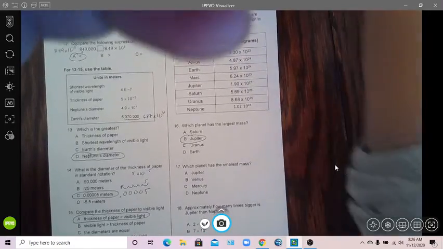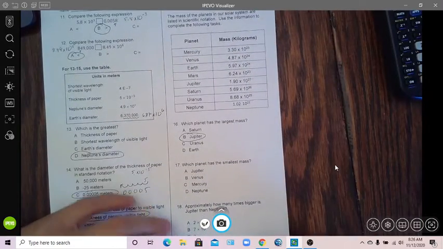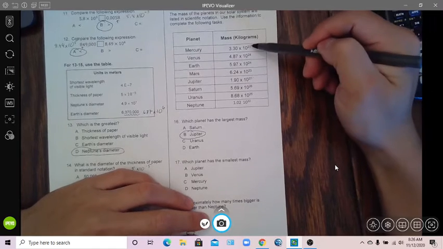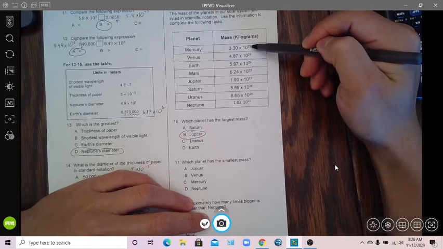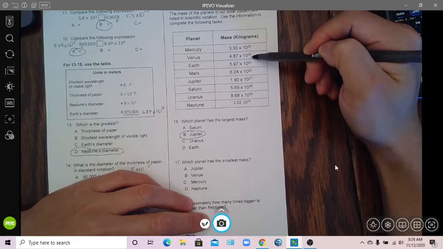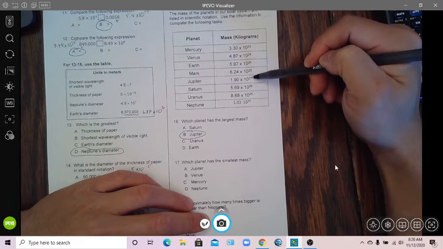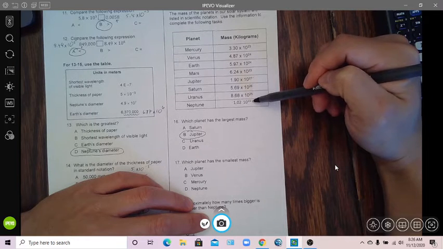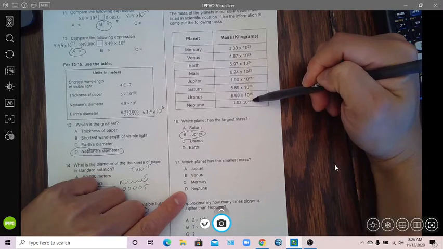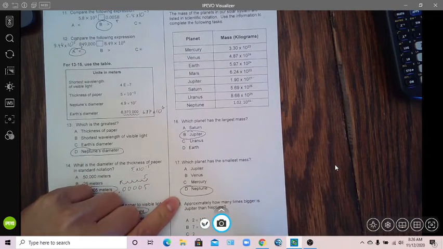Number 17, which planet has the smallest mass? Let's look at the smallest exponent here. Mercury has an exponent of 23 in scientific notation. So does Mars. Oh, but the smallest one's Neptune. Neptune has the smallest mass here. Exponent is 22. So Neptune is the one I'm going to circle.